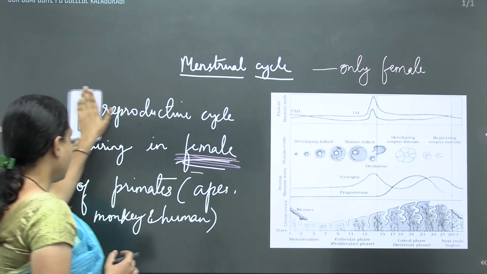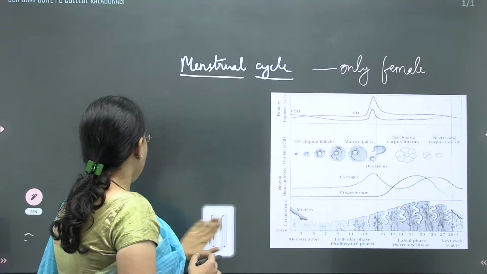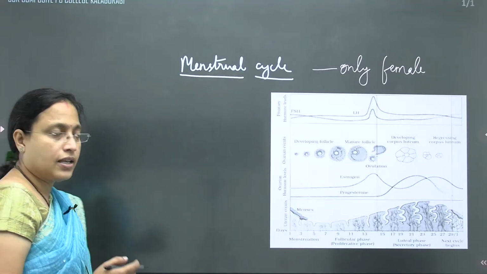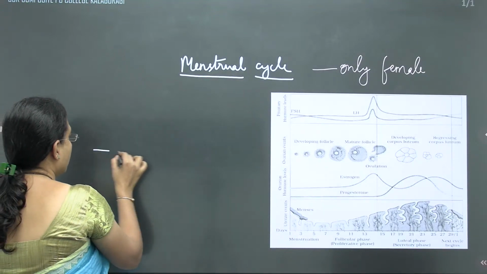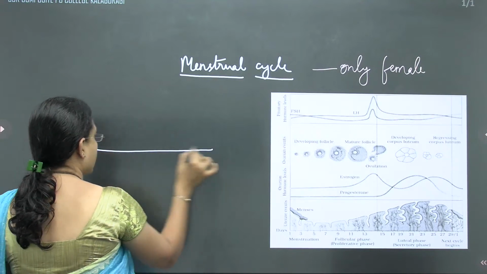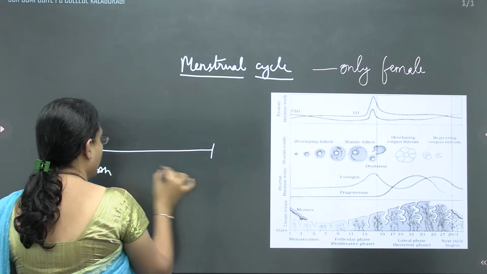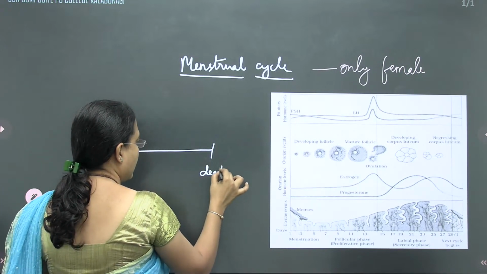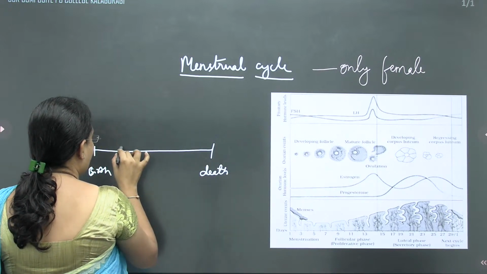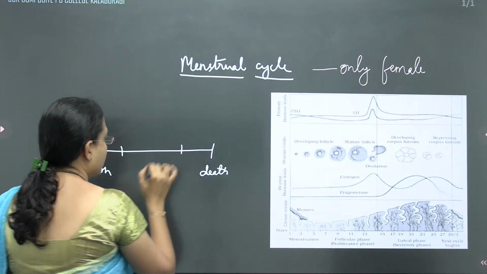When does this cycle begin? As you studied earlier, if you take the scale of birth and death, phases will be there.